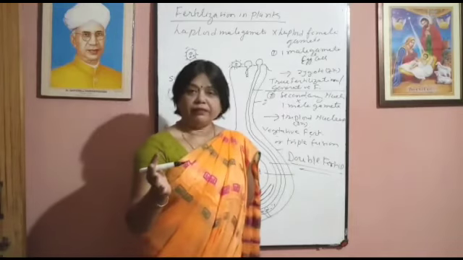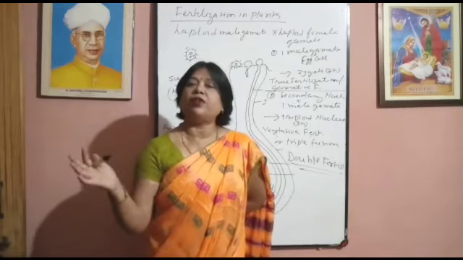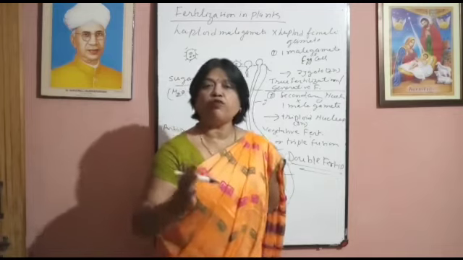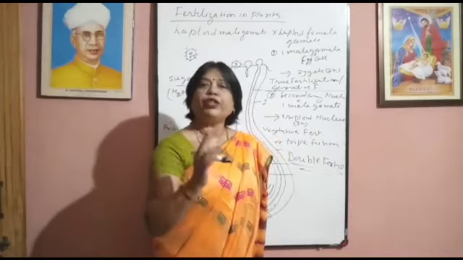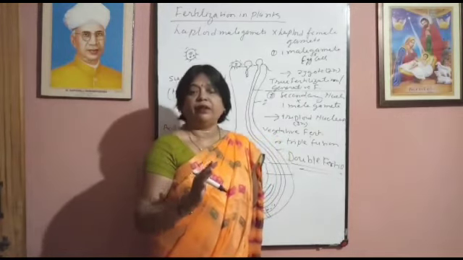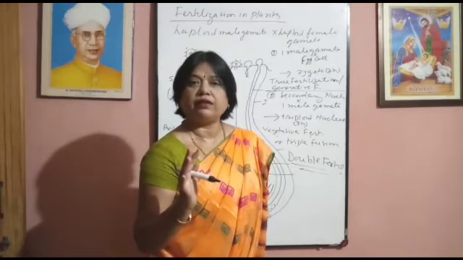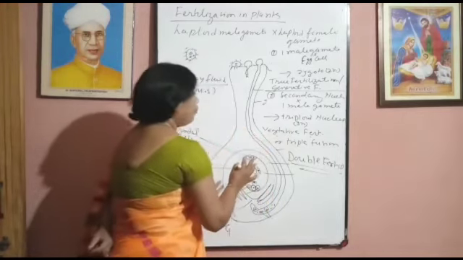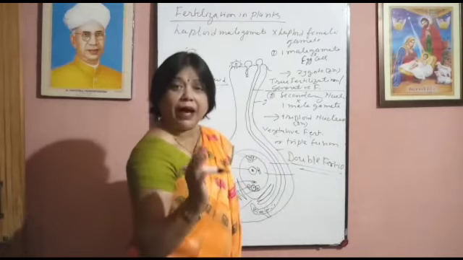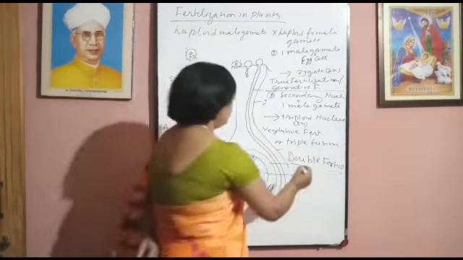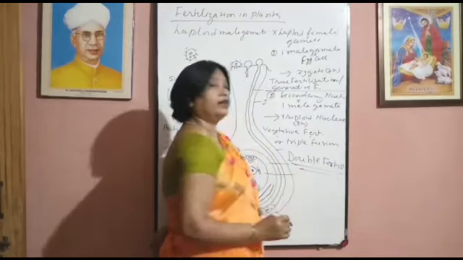We can define double fertilization in another way. The process of fusion of two male gametes with two different haploid cells to form two different structures, brought by the pollen tube, is called double fertilization.